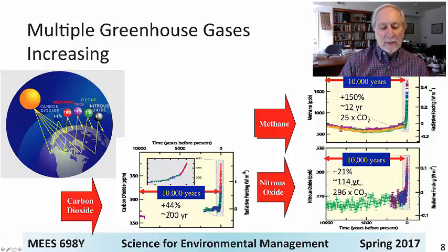Importantly, though, these greenhouse gases don't last the same amount of time in the atmosphere. CO2 lasts a long time, an average of about 200 years once it's in the atmosphere, whereas methane has a short life. It's oxidized to CO2, actually, in the atmosphere, and nitrous oxide is somewhat intermediate.